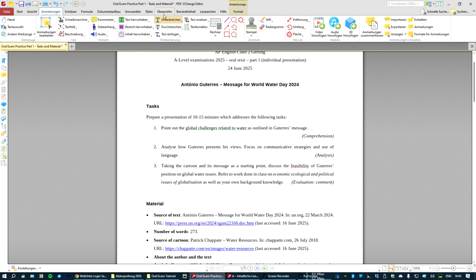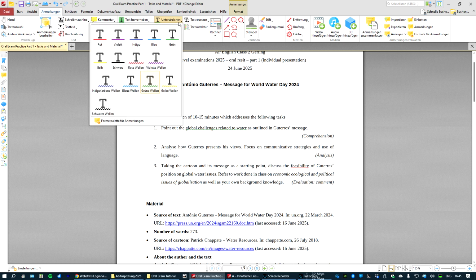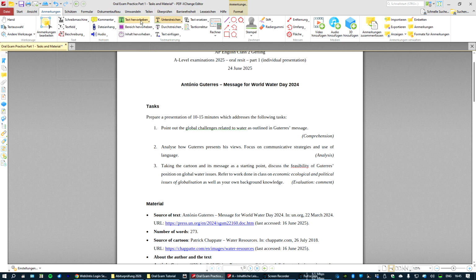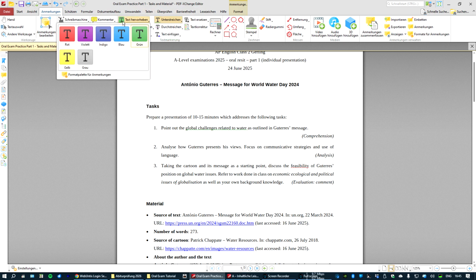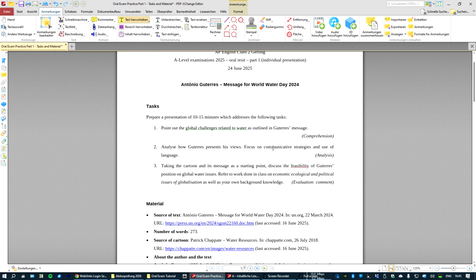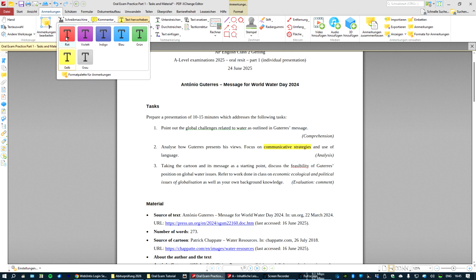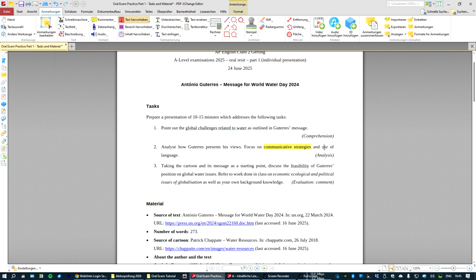Then we've got analyze how Guterres presents his views, and we've got to focus on communicative strategies and use of language. We take yellow for communicative strategies, and we take red for use of language. Yeah, so this is what you mark down.